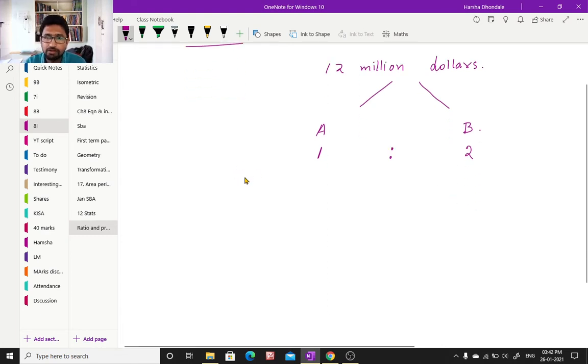Okay. All right, so now if I have to divide this $12 million, I have to break this 12 million into three parts. When I break this 12 million into three parts, I get 4 million, 4 million, and 4 million.